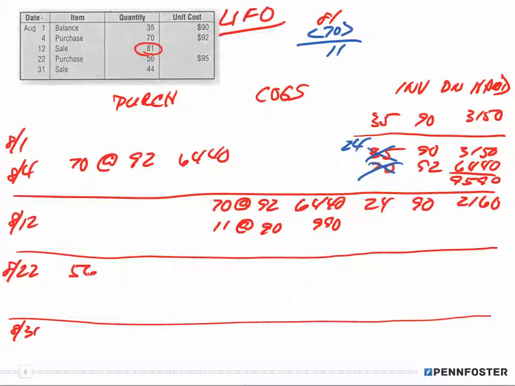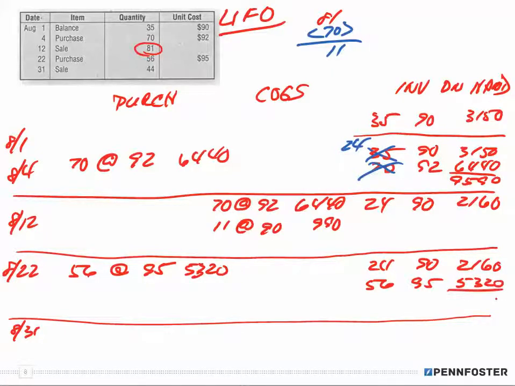Okay, so we purchased 56 more at 95, which is 5,320. So now we have 24 at 90, 2,160, plus 56 at 95, so that's 5,320. So the total value is 7,480.